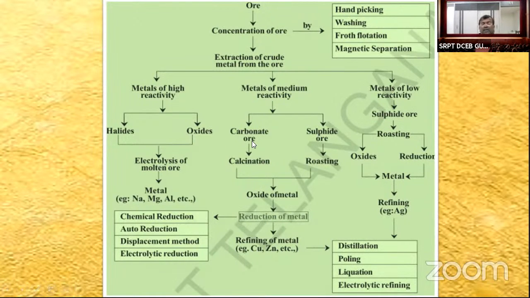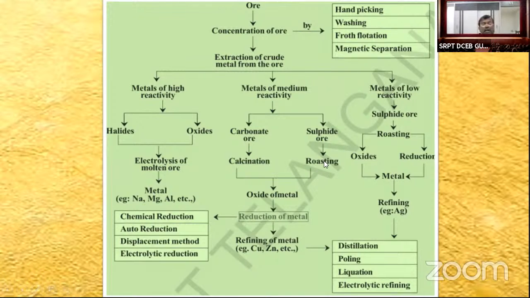They are in the form of carbonate compounds or sulfide compounds, treated by calcination and roasting. These two are oxidation type reactions. Roasting is a kind of oxidation, and calcination is also a kind of oxidation. But there is a slight difference between calcination and roasting.